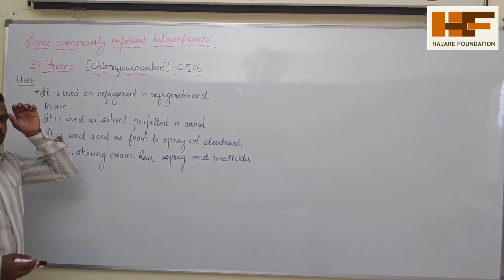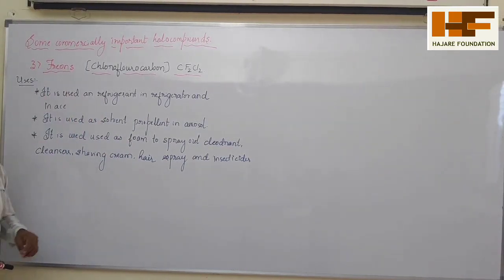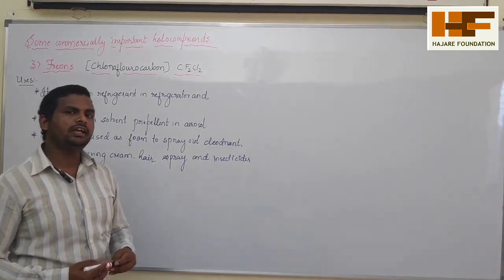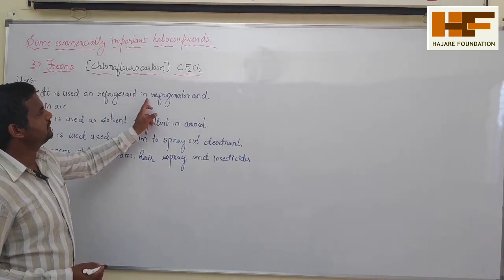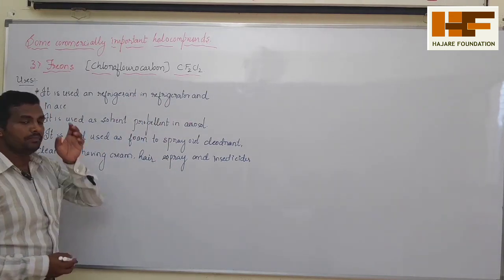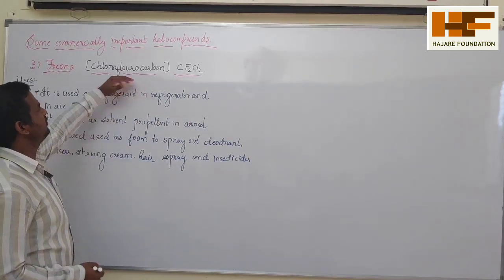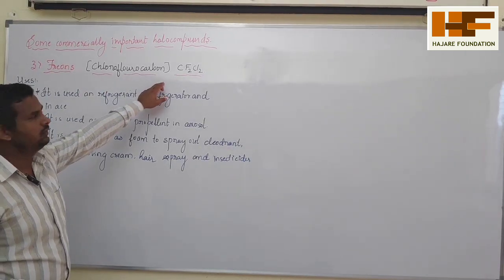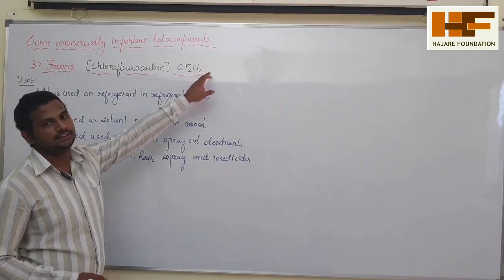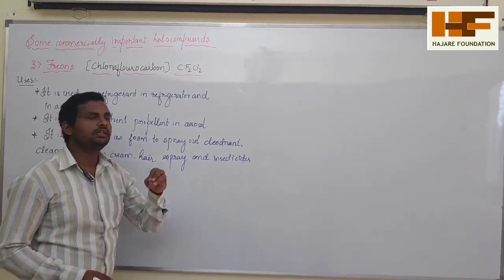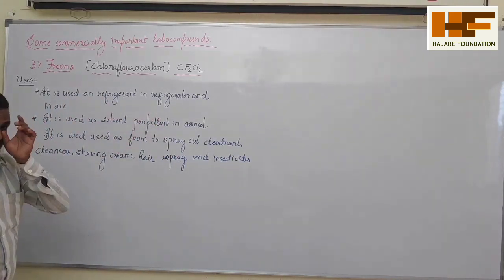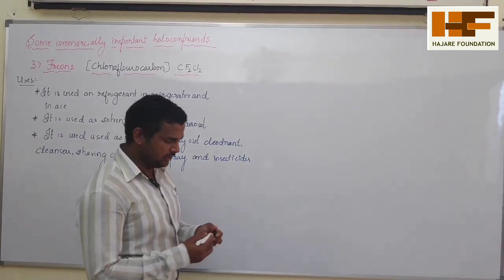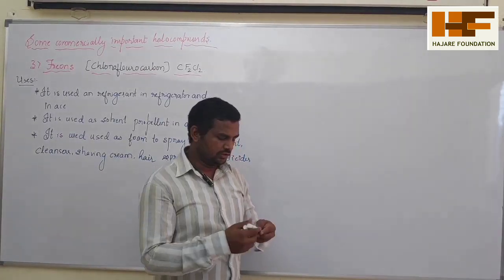Come to the third compound, that is freons. As I told, freon is used as a refrigerant in the refrigerator and the AC. Freon is nothing but a chlorofluorocarbon, that is CF2Cl2. It can be prepared by using carbon tetrachloride.